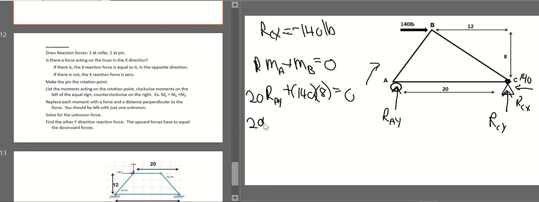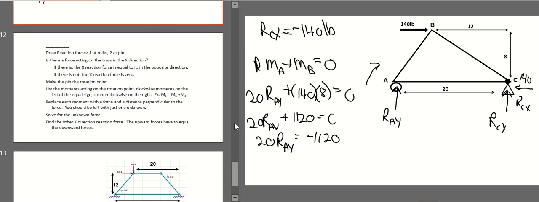So 20 RAY plus 1120 equals 0. I bring that now to the other side. So 20 RAY equals a negative 1120. Divide both sides by 20.